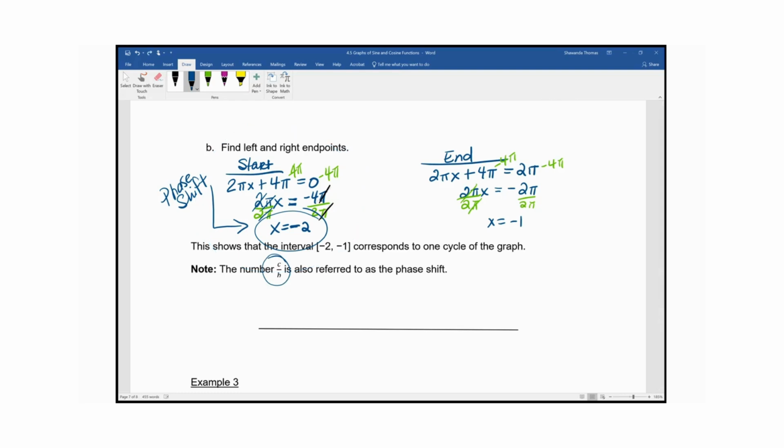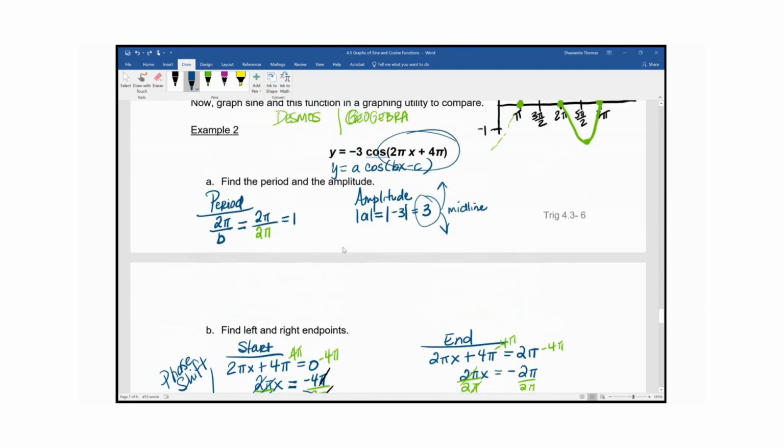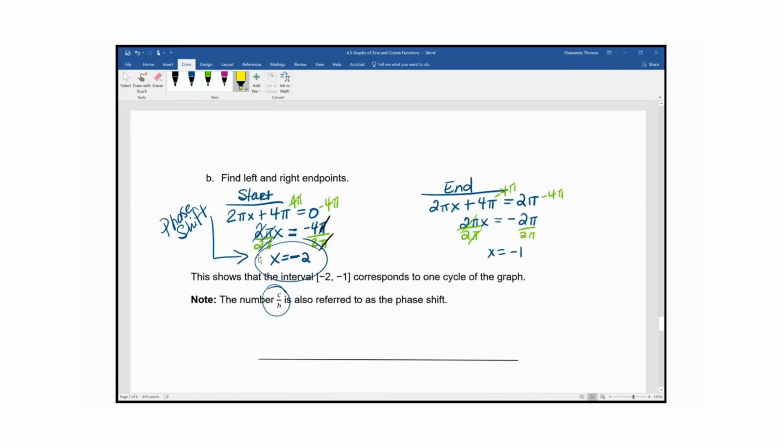So if we look back at what C is, this is bx minus c right here. C in this case must be -4 pi, in order for that sign to switch to +4 pi. So if you wanted to work out the phase shift as C over B, you'll know that C is -4 pi.